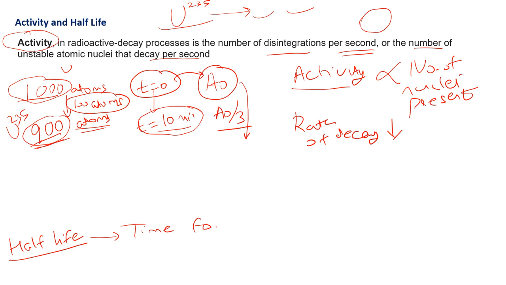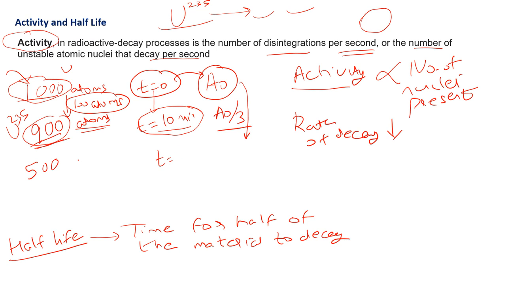So time for half of the material to decay. Which means, assuming initially we had 1000 atoms, after some time t, we are left with 500 atoms.